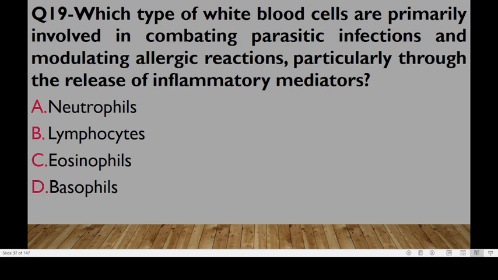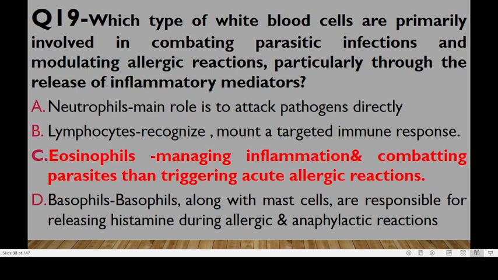Which type of white blood cells are primarily involved in combating parasitic infections and modulating allergic reactions, particularly through the release of inflammatory mediators? Well, we have the eosinophils, which are important in managing inflammation and combating parasitic infections.